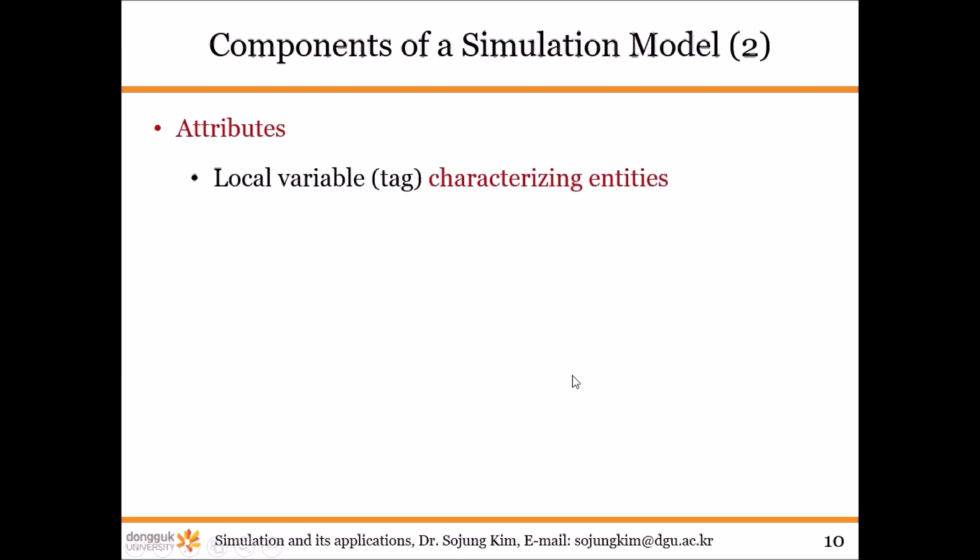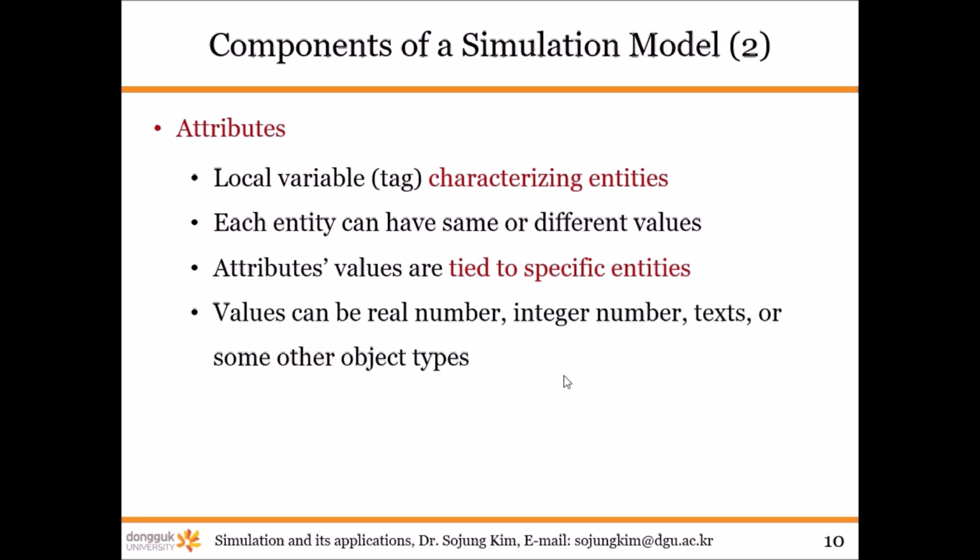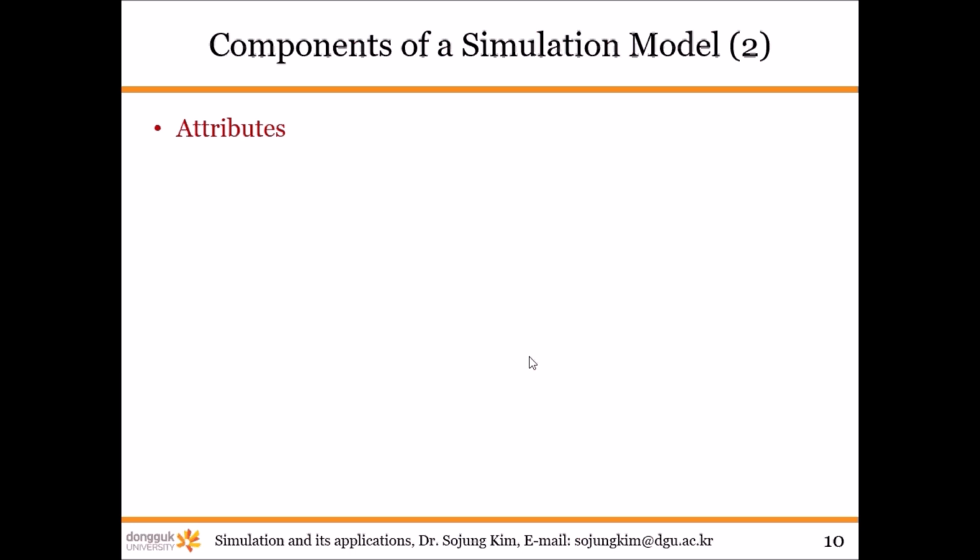All right, let's look at the attribute. An attribute is a local variable characterizing entities, and each entity can have the same or different values. Third, entity values are tied to the specific entities, and values can be a real number, integer number, text, or some other object types. For example, let's look at the part, which was the entity at the drilling system in the previous example.